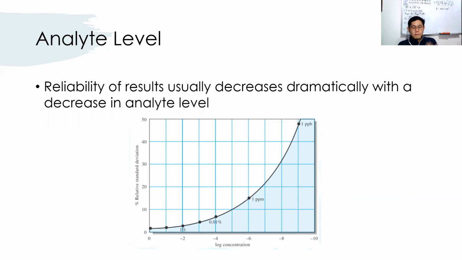Pagka malaki yung sample size mo, mas marami kang analyte, so mas nadi-dilute yung errors caused by degradation, human errors, and etc. While kapag 1 part per billion lang yung sample mo, pag yun nawala, mag-false negative ka na, just because hindi ma-absorb masyado yung error kapag sobrang liit na ng concentration ng iyong analyte.